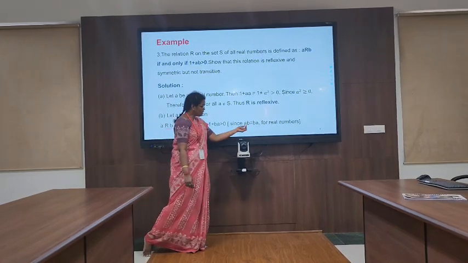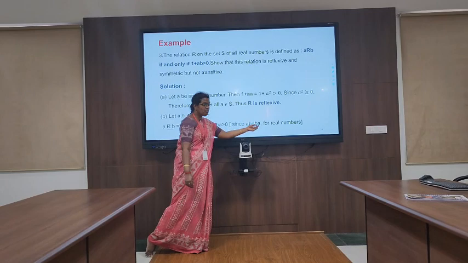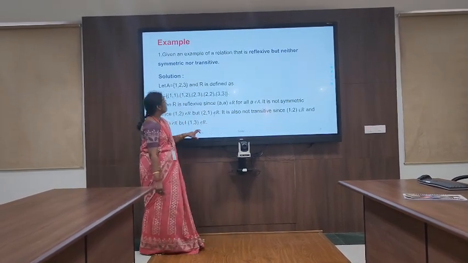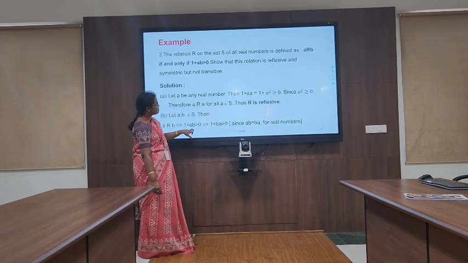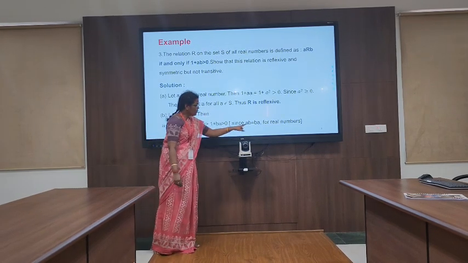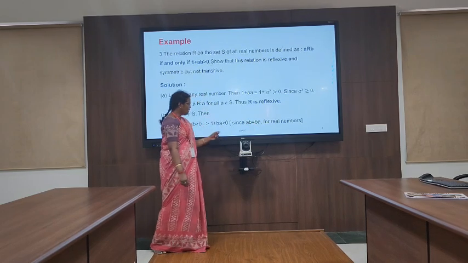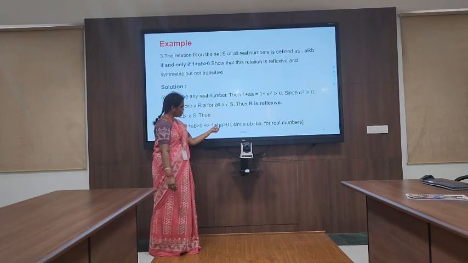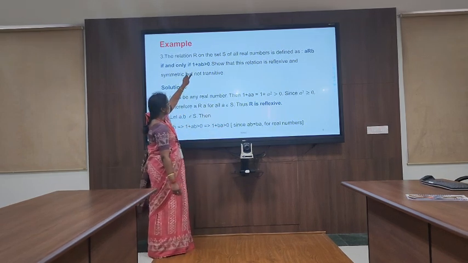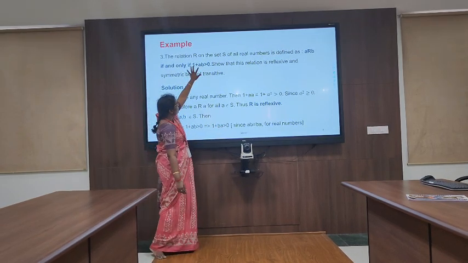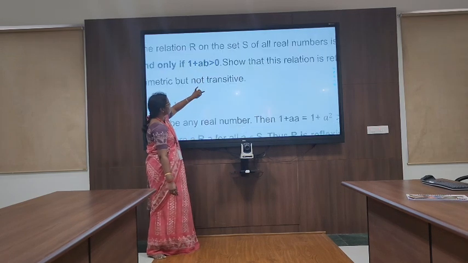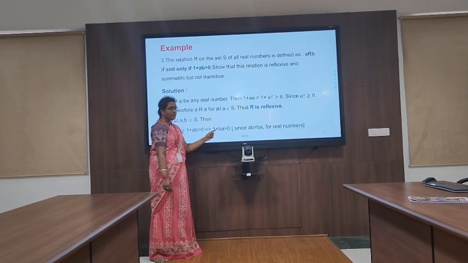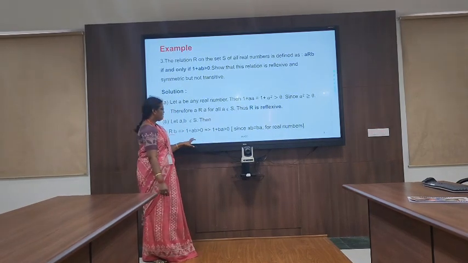On the set of real numbers, the products A times B and B times A are equal. So replacing AB by BA, I have 1 plus BA is greater than 0. By the given condition, if A comes first and B comes next, A is related with B. Here B comes first, then comes A, hence B is related with A.